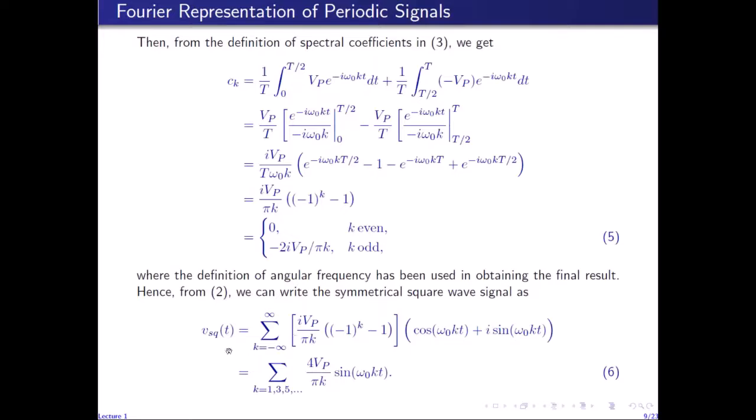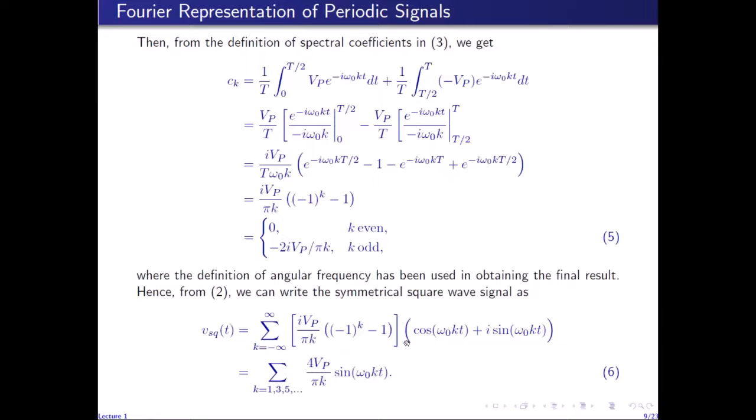Now using the Fourier expansion of the signal, I replace Ck in the summation, and I replace the complex exponential using Euler's formula with this expression. This expression can be simplified by observing that the coefficient of the cosine term for positive values of k will get cancelled with the coefficient of the cosine term at negative values of k.